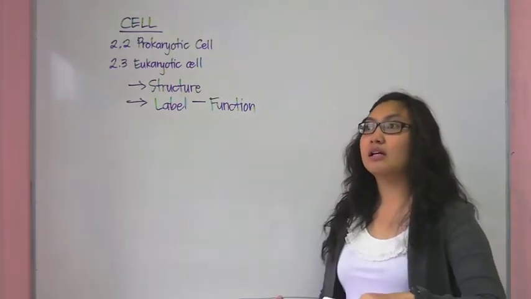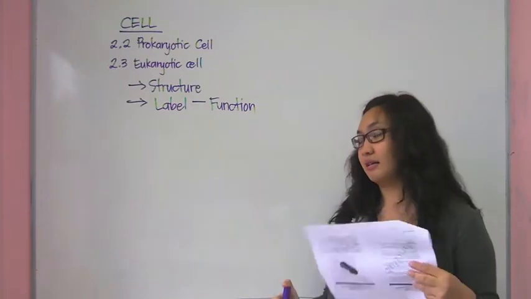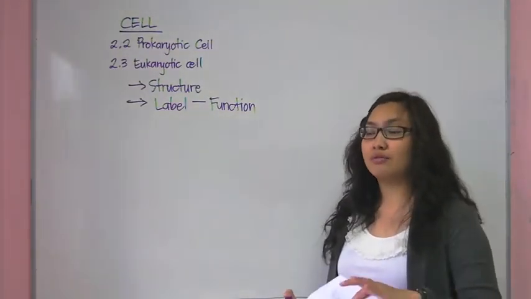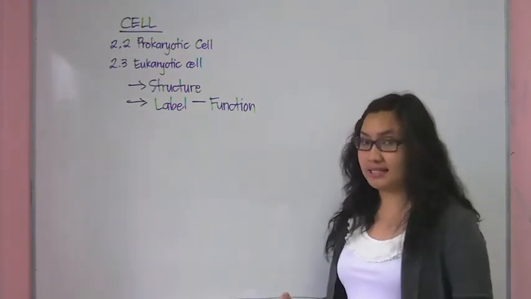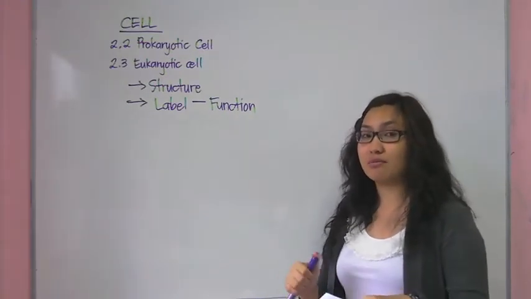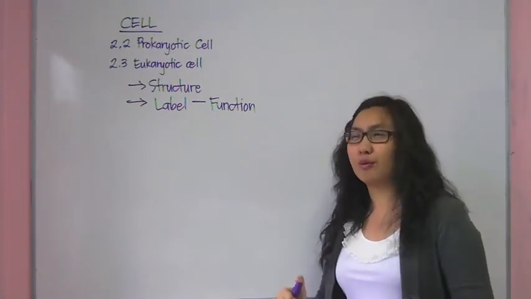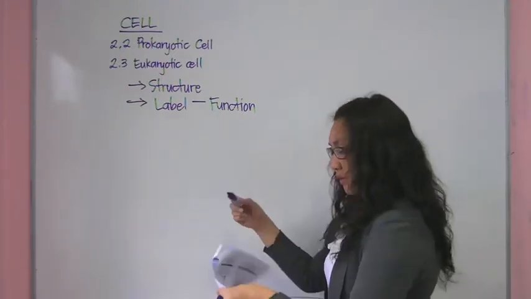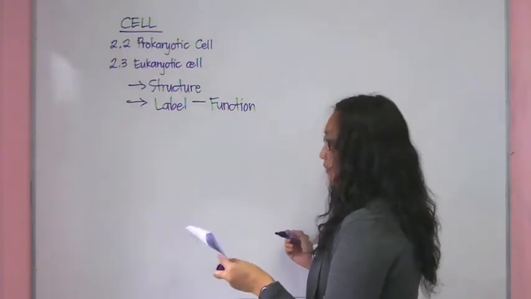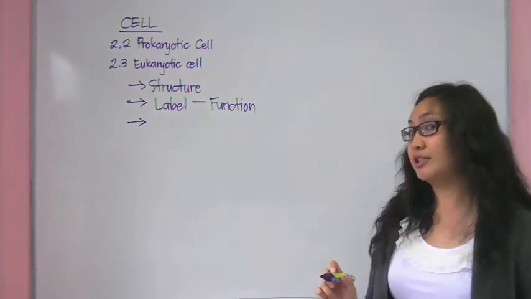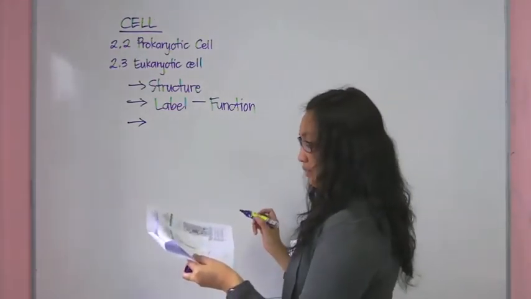Okay, first of all, in plant cells, cell walls are used to provide a rigid structure, but in prokaryotic cells, the cell walls are used for protection itself.